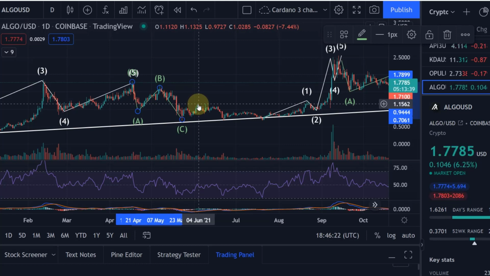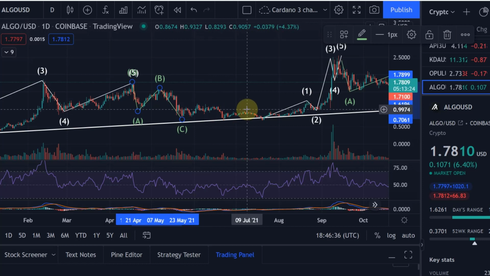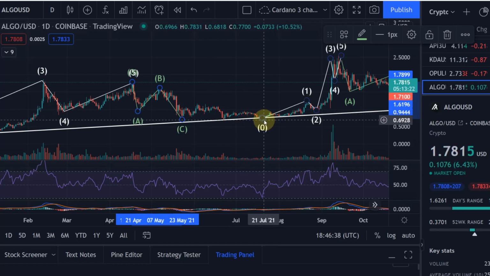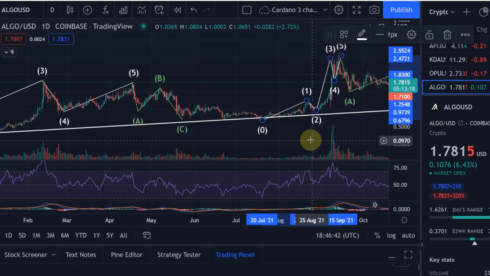Then you had the X to the upside, and then you had the A, B, C, and the C was where the zero is, the beginning of the new uptrend.